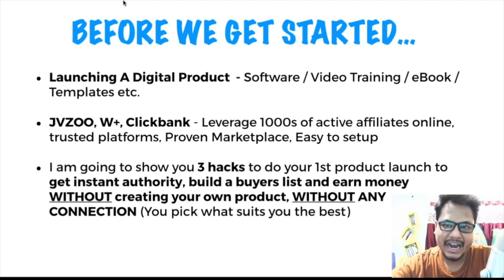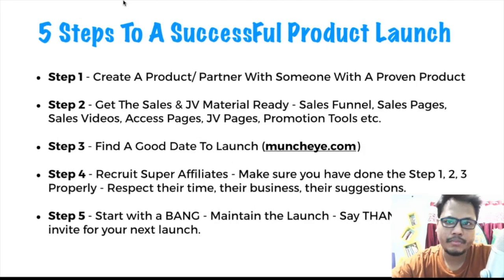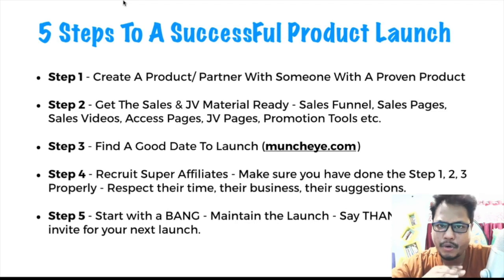And after that, I am going to show you 3 hacks for how you can do your first product launch and build instant authority, build a buyers list, and earn a good amount of money, without creating your own product, without any connections. So first and foremost, I want to tell you the 5 steps to build a successful product launch.